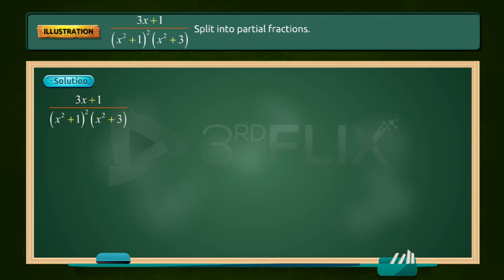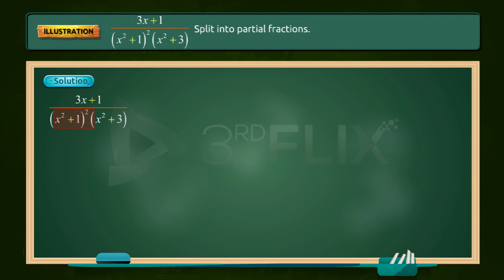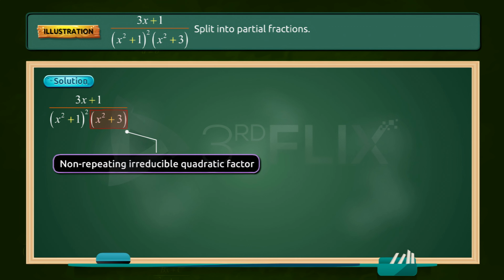Let us take down the given fraction. The denominator contains the factor x square plus 1, which is an irreducible quadratic factor repeating twice, and the factor x square plus 3, which is a non-repeating irreducible quadratic factor.